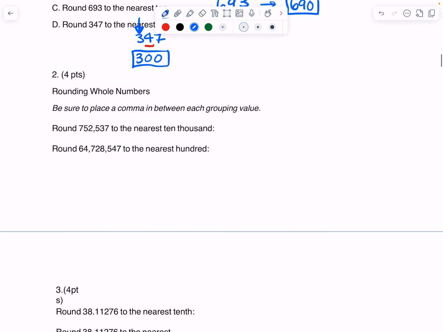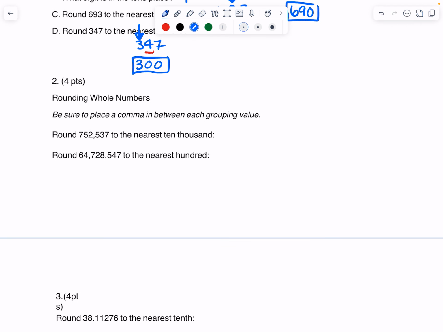Number 2, round whole numbers. Be sure to place a comma in between each grouping value. Round 352,537 to the nearest 10 thousandths. Well, the first thing we have to do is locate the number in the 10 thousandths place. So remember, the 7's in the ones, the 3 is in the tens, the 5 is in the hundreds, the 2 is in the thousands, the 5 is in the 10 thousandths, and the 7 is in the 100 thousandths.